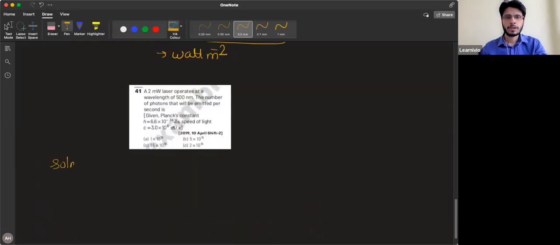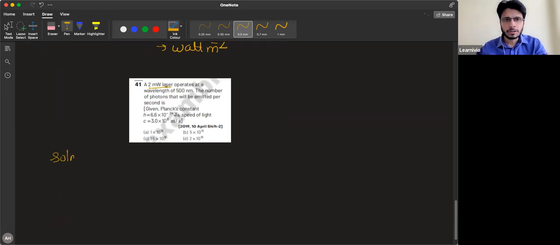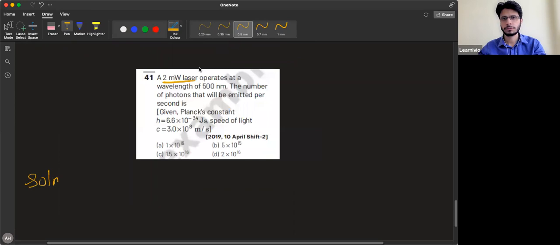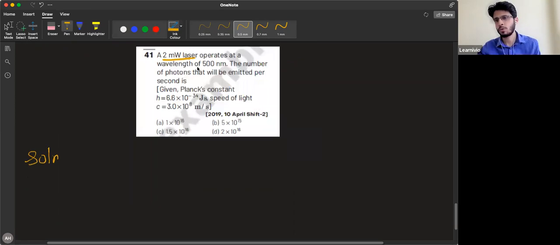See, 2 milliwatt laser. Rehan, what does 2 milliwatt mean? Is it power, intensity, or energy? Yes, Pradarshini, what is it here? Power, sir. So here the power is given as 2 milliwatt. Sorry, small m is milliwatt.